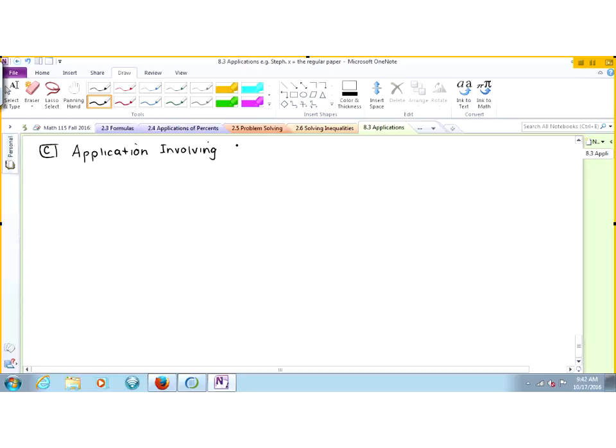So the next one is application involving geometry. This is from 8.1, 8.2. I'm going to go back to 8.1 and solve it. Tomorrow, make sure to be here, don't skip class, because I'm going to do 9.4.